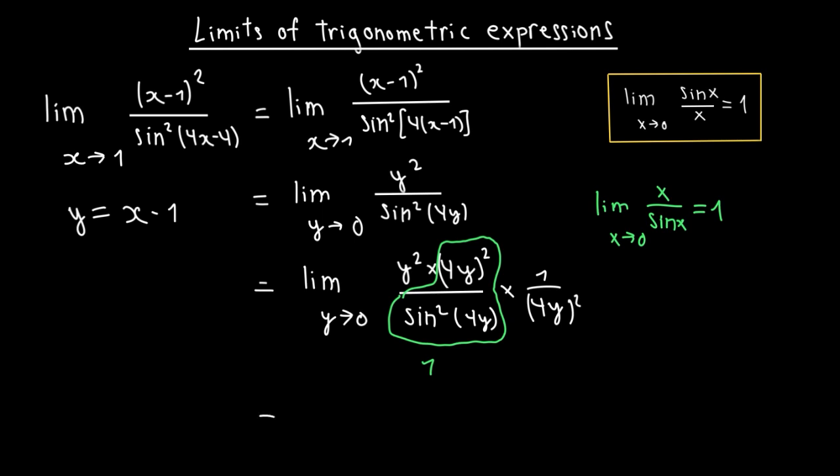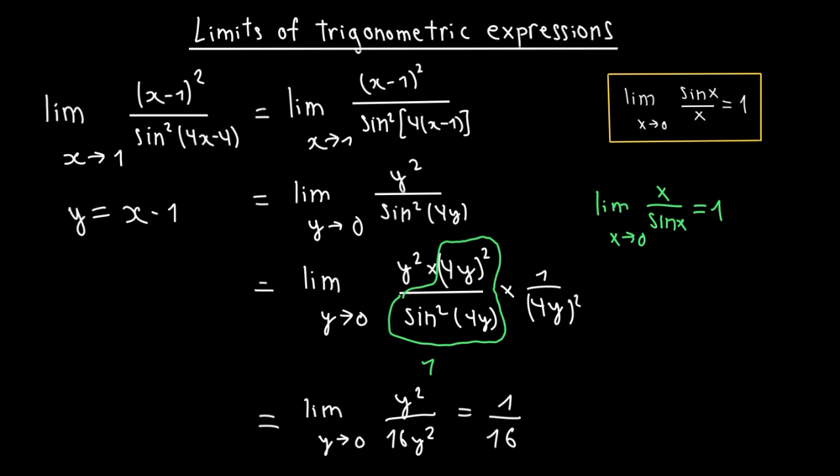So thanks to that limit, we now only have the limit of y tending towards 0 of y squared divided by 16y squared, because 4 squared is 16, and so this is equal to 1 over 16.